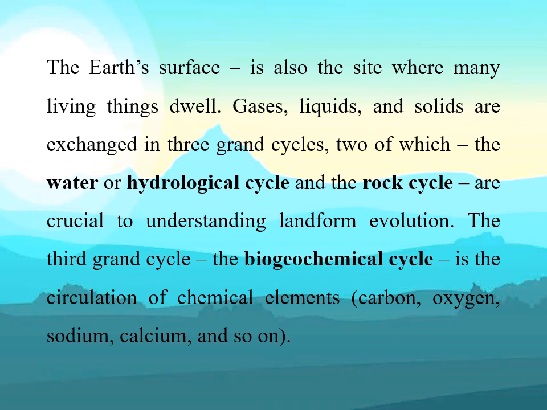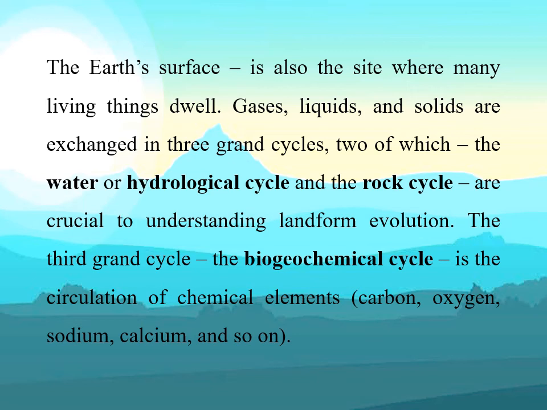is the biogeochemical cycle. These three cycles are very crucial to understanding landform evolution, because depending on these three cycles, the chemical elements are continuously changing from one form to another through the biotic and abiotic bodies.